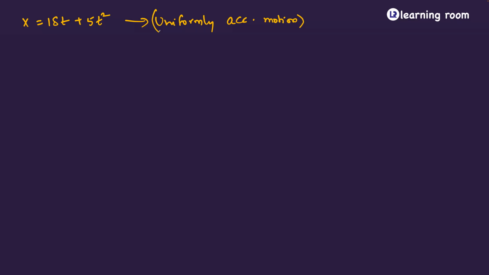Instead of s, if I write x, x equals ut plus half at square. If I compare these two, half a t square is equal to 5t square, t square and t square are gone, then a will be equal to 10, and that's what you got.